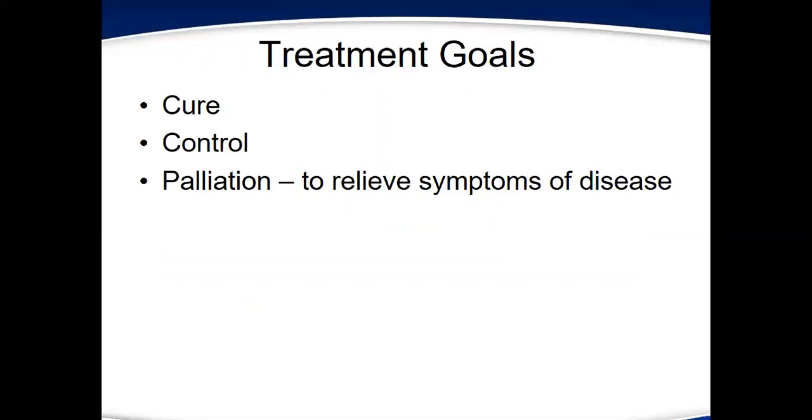So just keep in mind that treatment isn't always a cure. It depends on many different things, like age, comorbidities, the extent of the cancer disease, and so forth. And we will discuss and determine when something is curative or palliative intent.